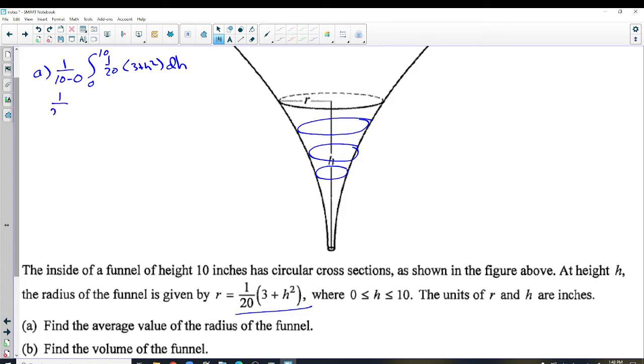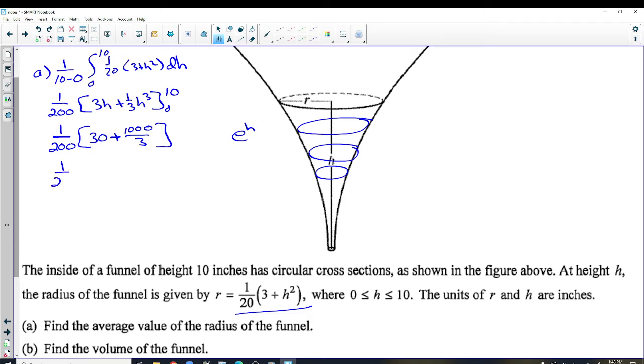So 1 over 200, and then the antiderivative of 3 would be 3h plus 1/3 h to the third, from 0 to 10. So 1 over 200 times (30 plus 1,000 over 3). And when we plug 0 in, we do get 0 for both of those. Be careful with plugging in 0 because it's not always 0. If your equation had e to the h, plug in 0, you get 1, not 0. So be careful when you plug in 0.